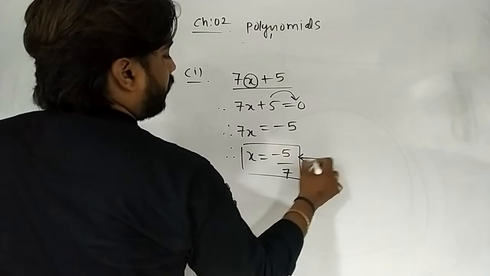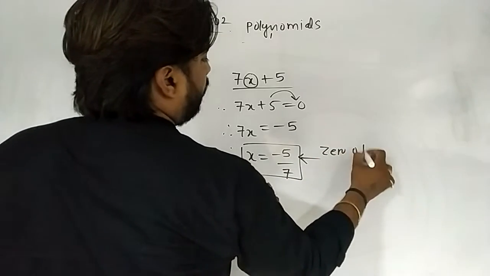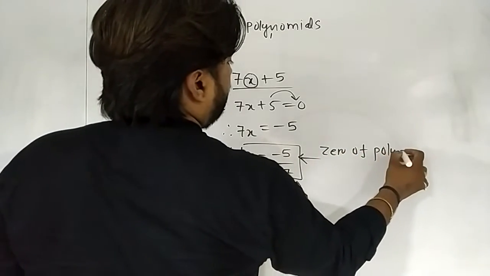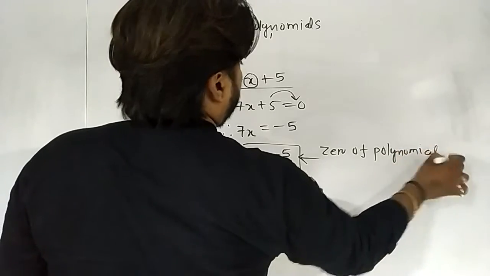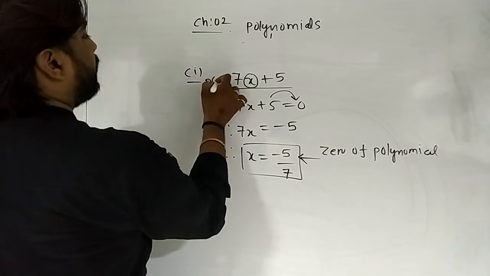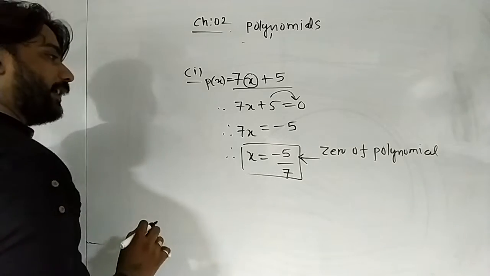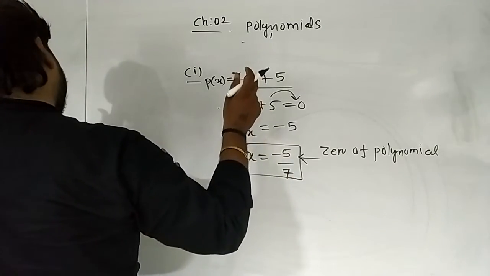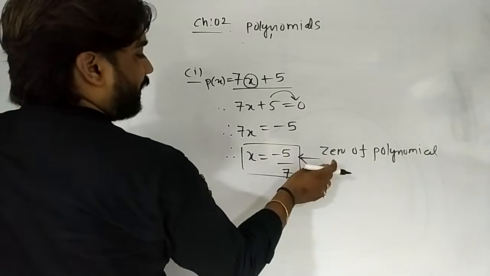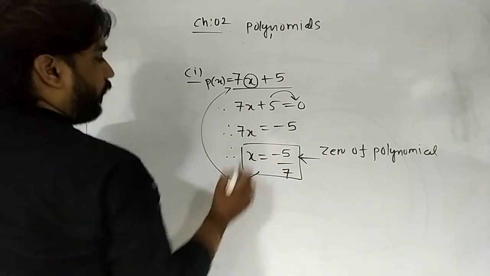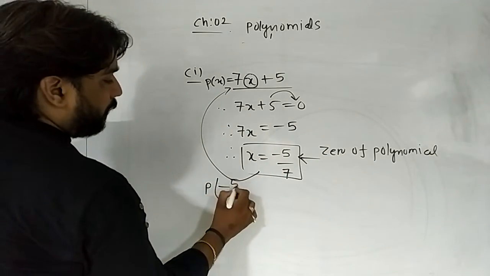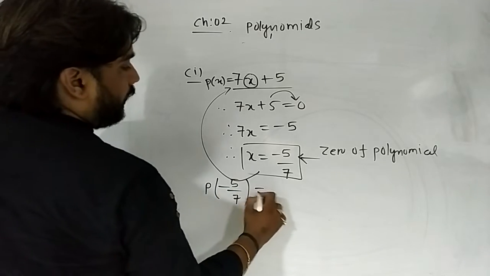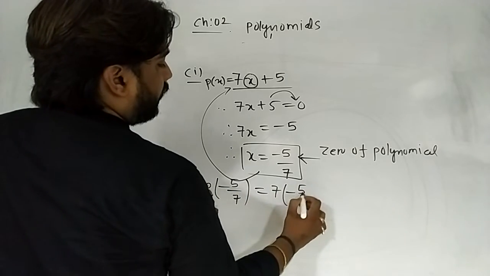So this is the zero of the polynomial p(x). Again, what is the meaning of zero of polynomial? Such values of x for which when I substitute x by -5 by 7, let me check what I will get.